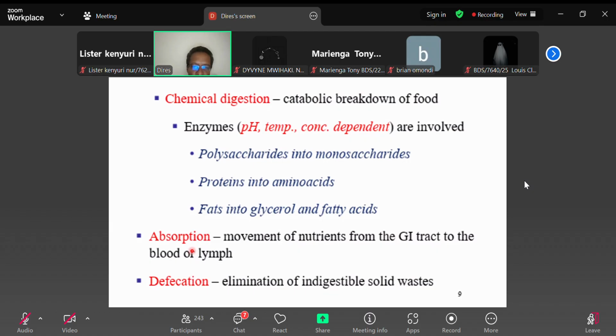What is not absorbed accumulates in the rectum, elicits the defecation reflex and will be eliminated. You see, so absorption and defecation are the other processes of the GI.